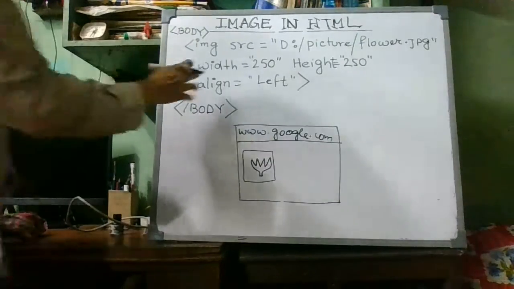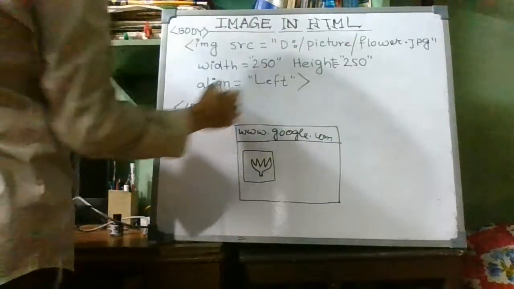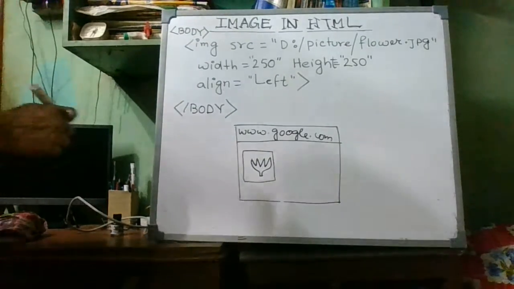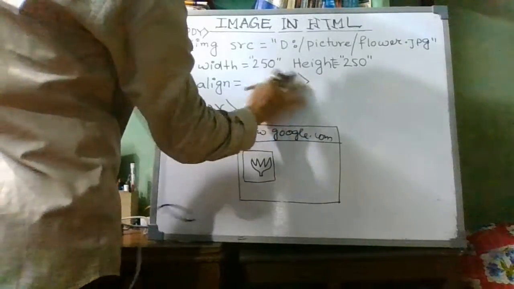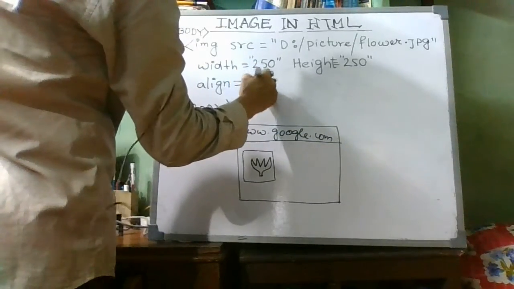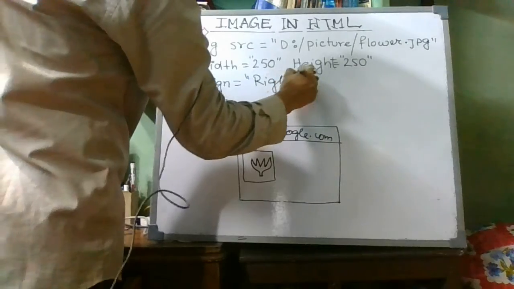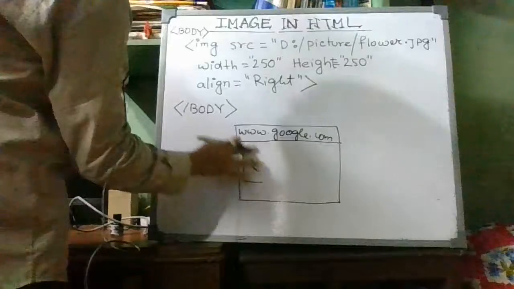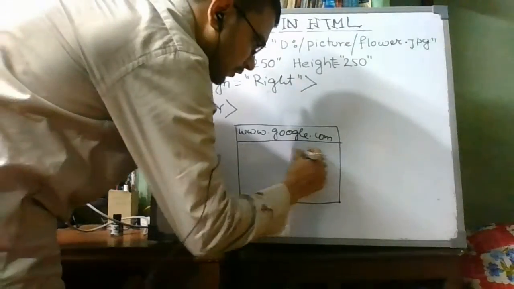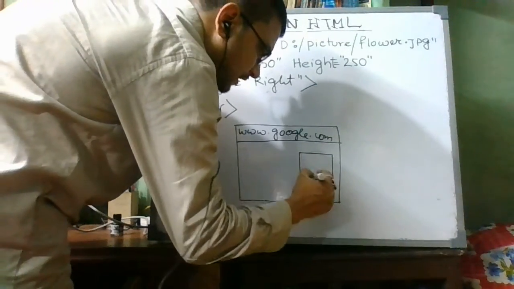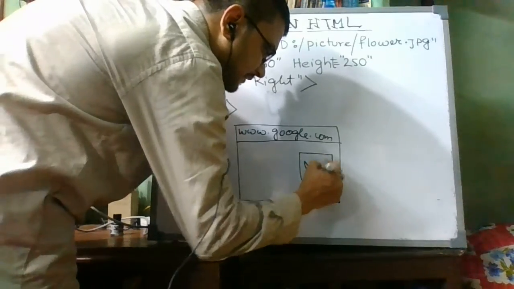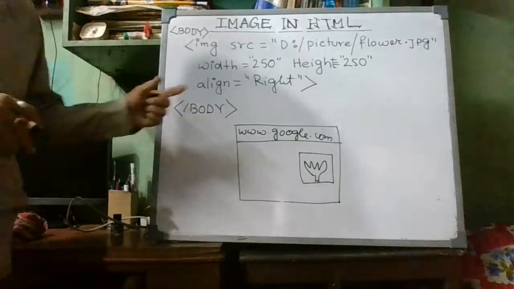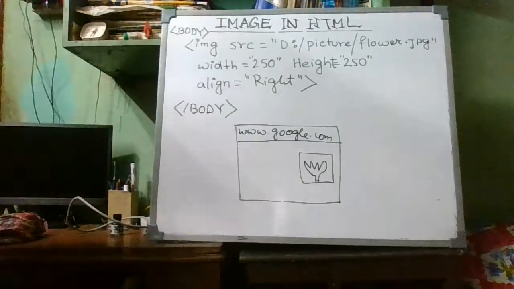If you write align equal to left, then your picture will be displayed at the left of your web page. If you write right, then this same picture will be displayed at the right hand side of your web page. So this is the effect of alignment.